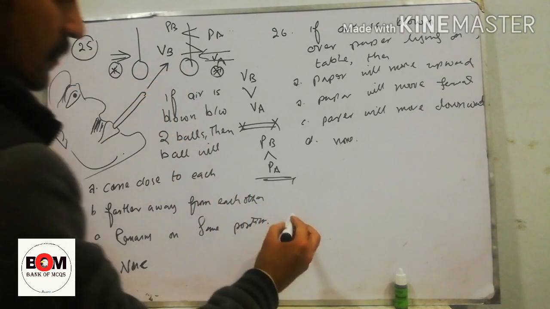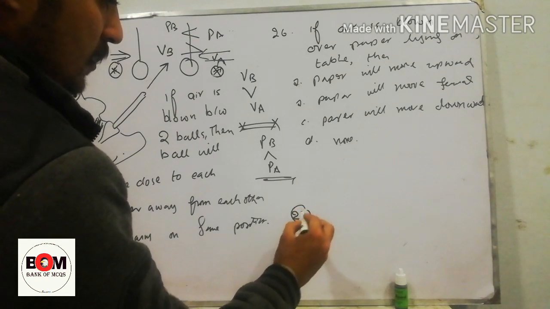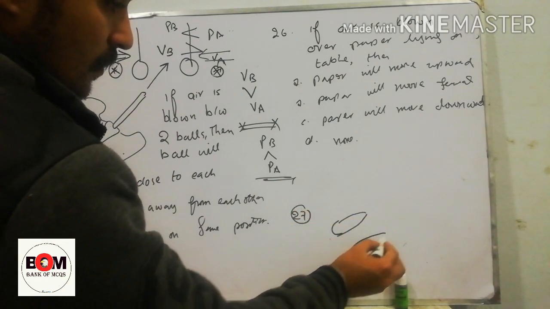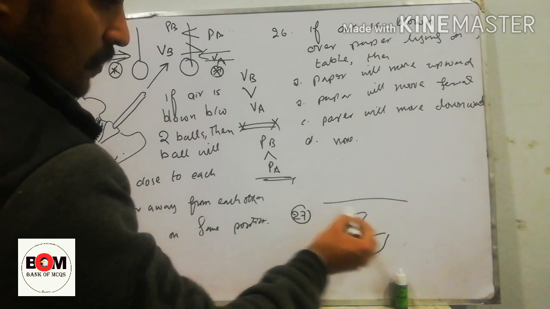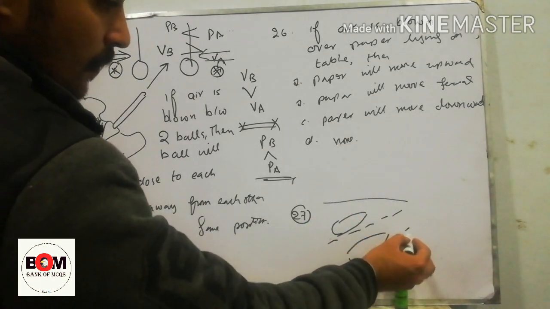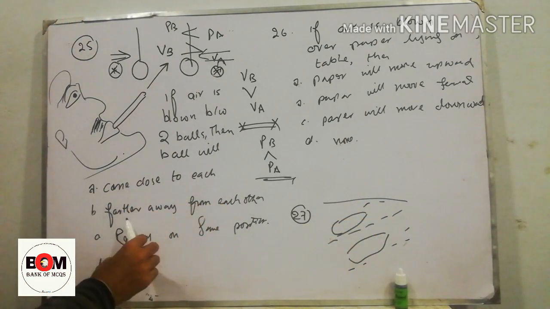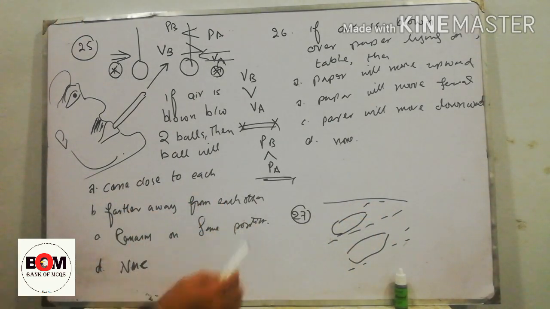The same applies in the case of MCQ number 27. If two boats are moving in the same direction in the river, what will happen? They will come close to each other and attract each other, move further away from each other, or remain the same.